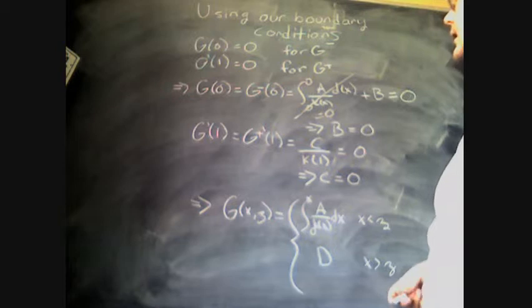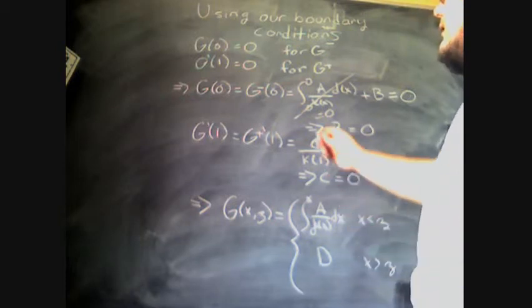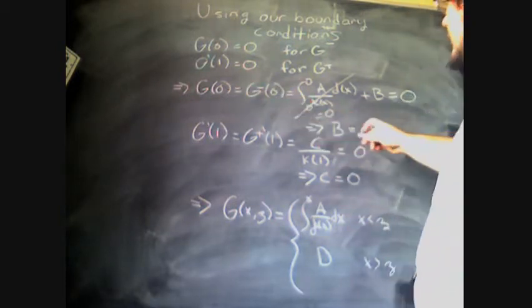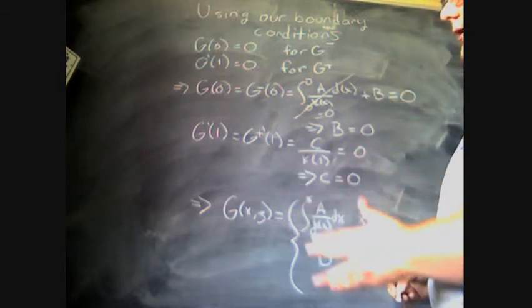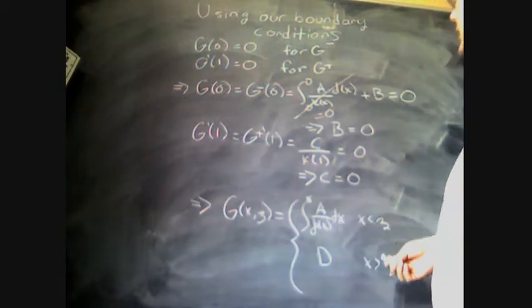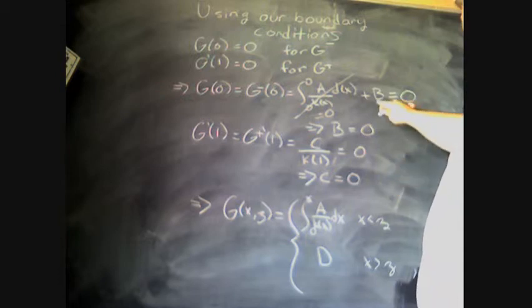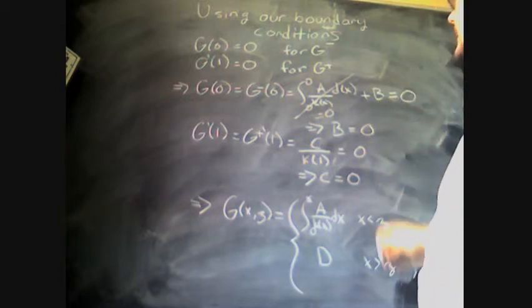Plugging these into our terms, evaluating g minus at 0, the integral goes away because if you integrate between 0 and 0, you get nothing out of it. So you're left with b, which has to be 0.